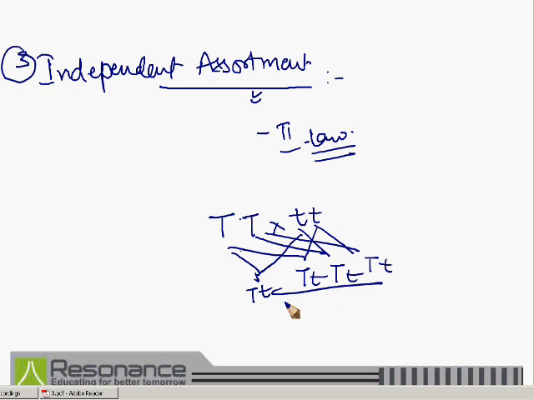Any allele is free to join with any allele. This is known as independent assortment. But this was drawn out of Mendel's dihybrid cross, where he studied two contrasting characters at a time.